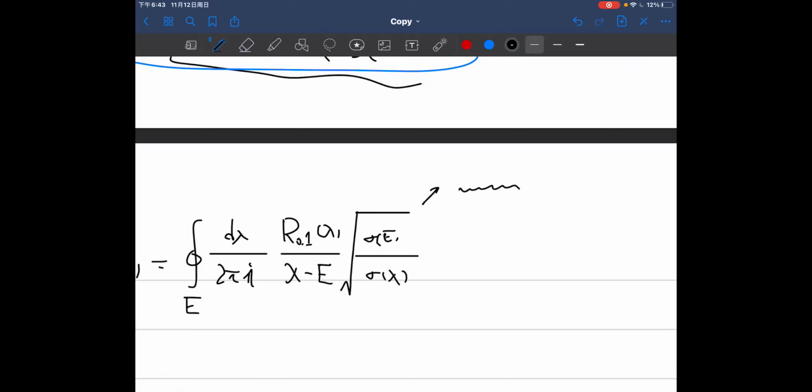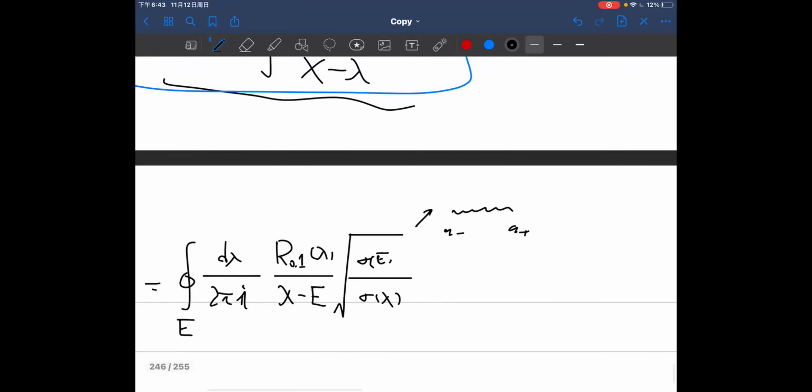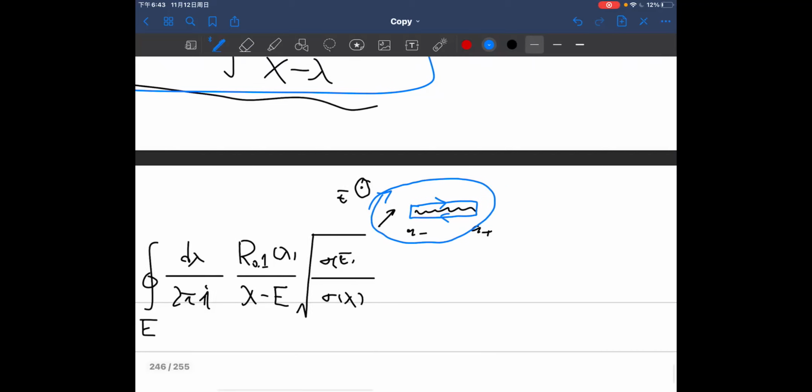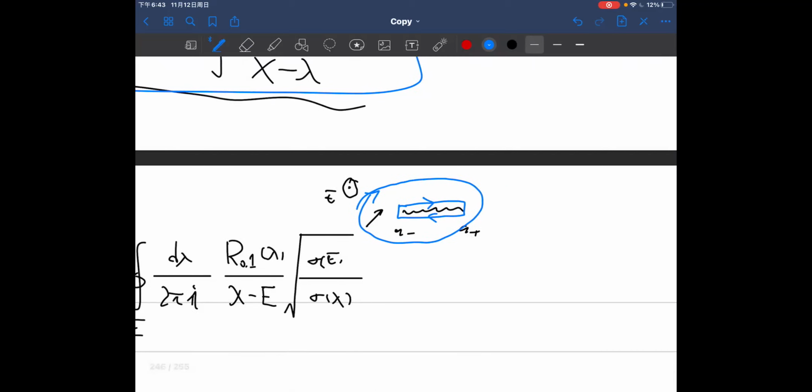This one has a branch cut like a minus, a plus. The contour is like here. Then you can do the contour deformation. We need to take it anticlockwise, so we need to choose this.